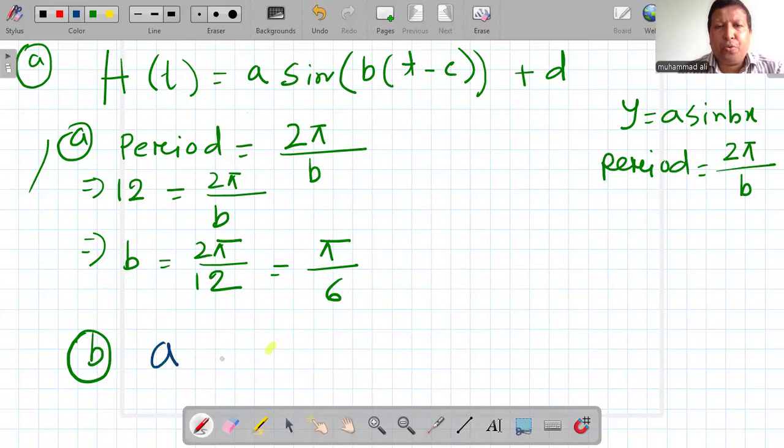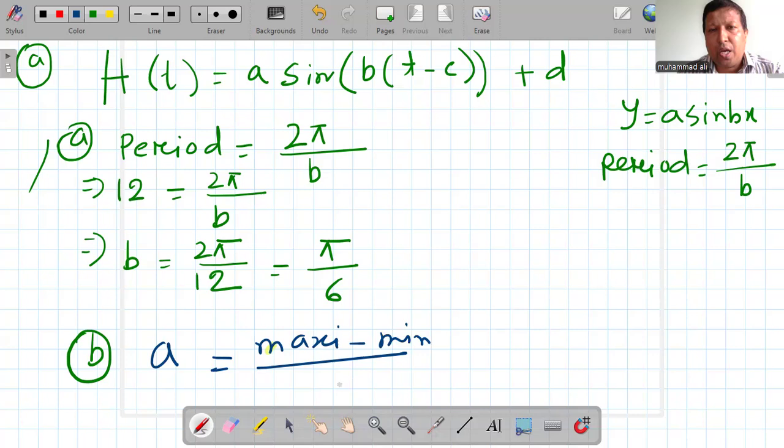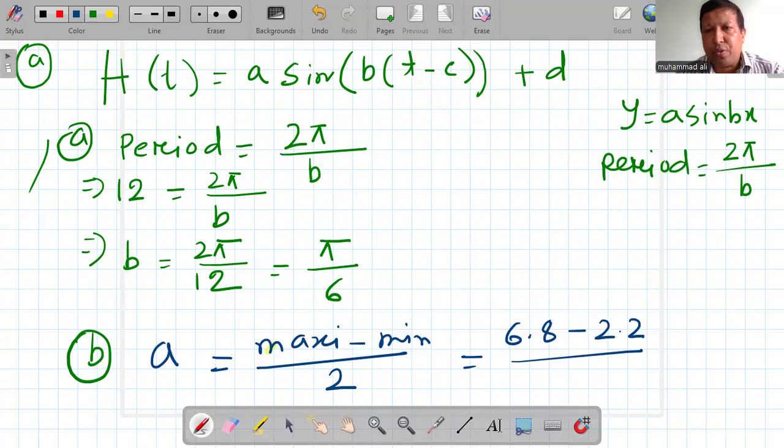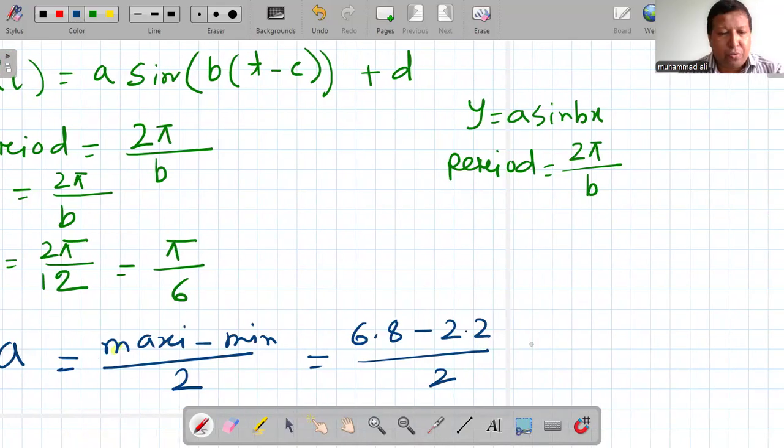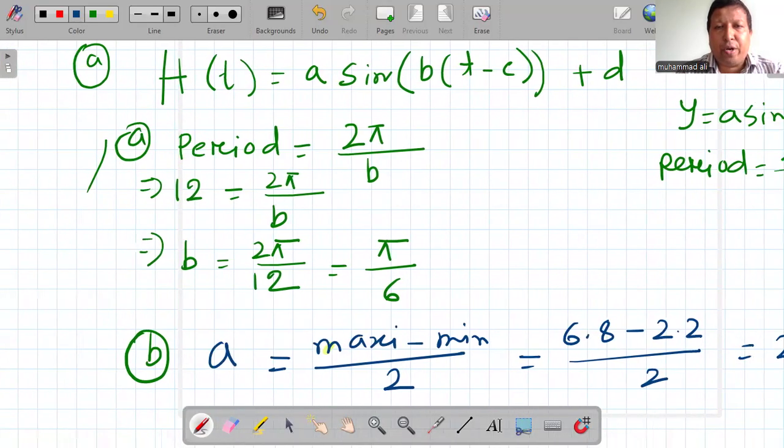We know that the maximum tide is 6.8 and the minimum tide is 2.2. To find the amplitude, we write maximum value minus minimum value, divided by 2. Here the high tide is 6.8 and the low tide is 2.2. So 6.8 minus 2.2, divided by 2, we get 2.3. So the a value is 2.3.